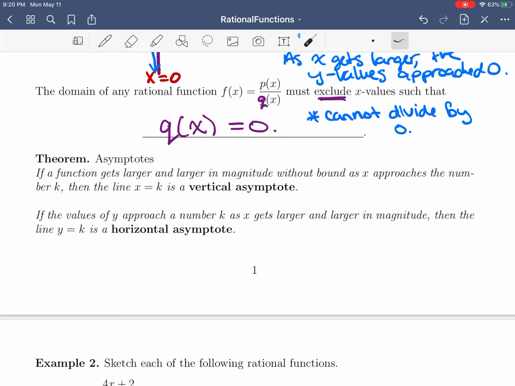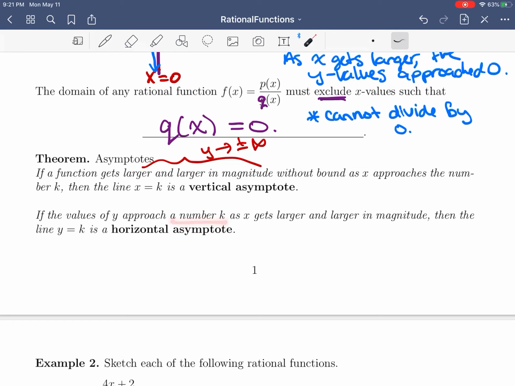So when does an asymptote happen? If a function gets larger and larger in magnitude, so what that means is that the y values approach some really big number, either positive or negative, as x approaches the number k, then the line x equals k, a vertical line, is a vertical asymptote.